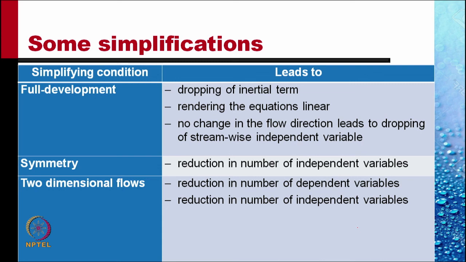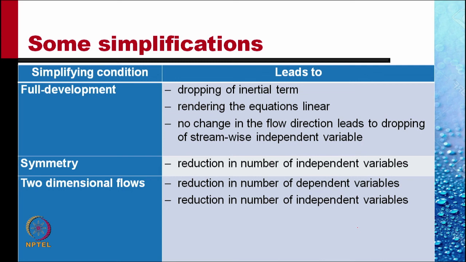There is no change in velocity in the flow direction, leading to dropping of the streamwise independent variables. So all terms of del by del x are dropped. Of course, we retain del p by del x, and we will elaborate on this a little later.